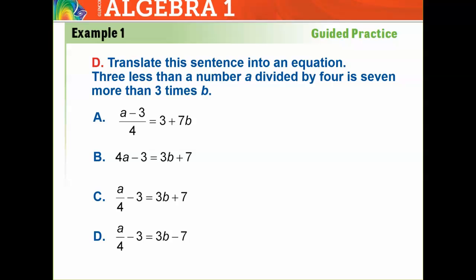So again, think about the fact that is represents equal signs. So it's really splitting that problem up for you into the left side and the right side. More than means add. Times is multiply.